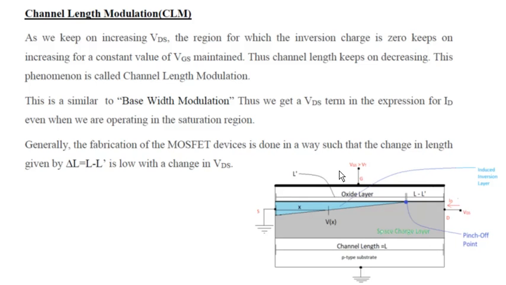To make the short channel MOSFET device more ideal, during fabrication, to reduce the channel length modulation, we fabricate the MOSFET device in such a way that the change in length, that is del L, is low with respect to the change in VDS.